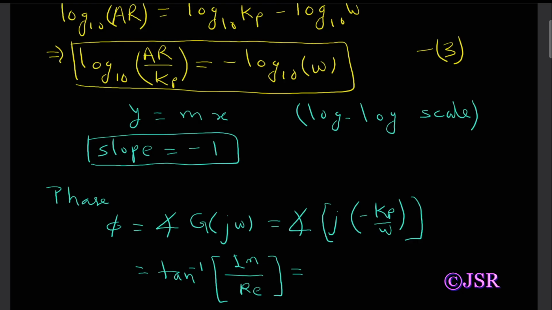The imaginary part is minus Kp upon omega, and the real part is 0.